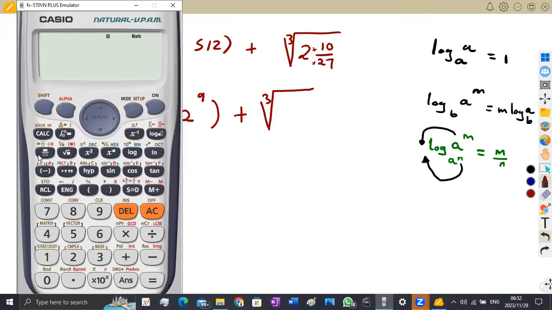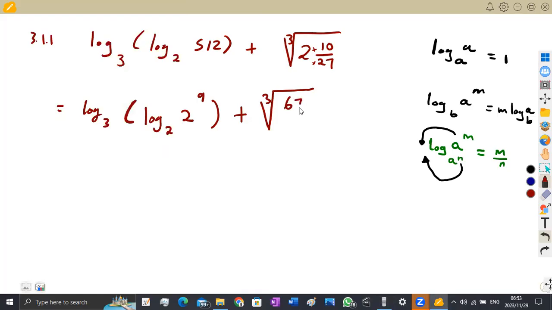We're going to use this fraction here on top. So it's shift, you press this one. So it gives you the whole number and the fraction. So the whole number is 2. Your fraction is 10 over 27, like this, which is going to give you 64 over 27. So this is the same as 64 over 27.